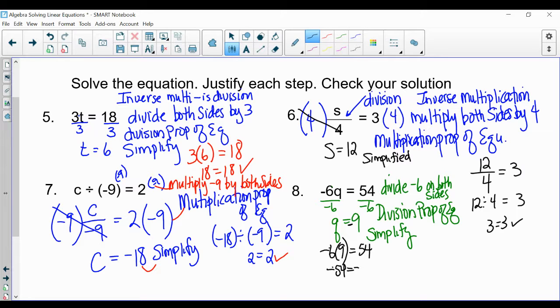The answer here is -9. When I went to write it out, that's when I realized I had a mistake. So we have -6 times -9, which has to be a positive 54, because that's what it's asking us for.